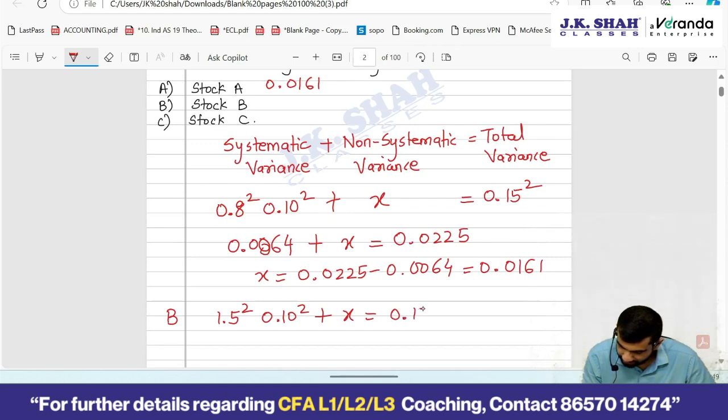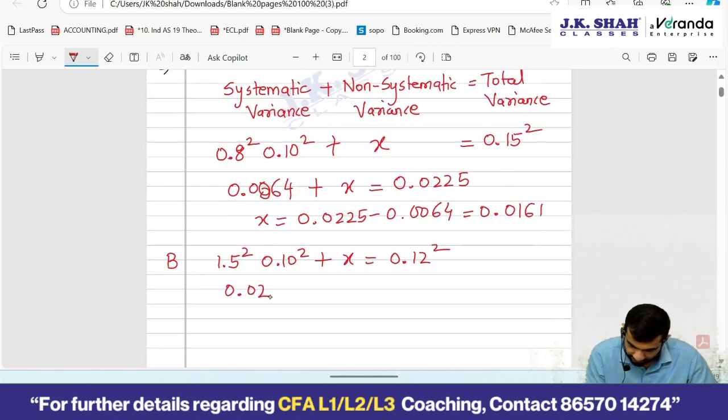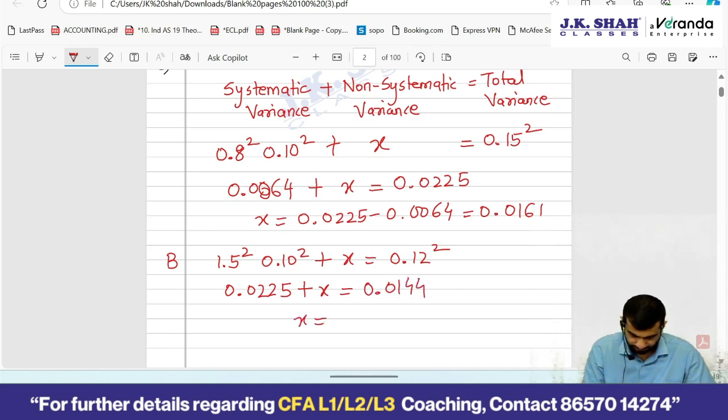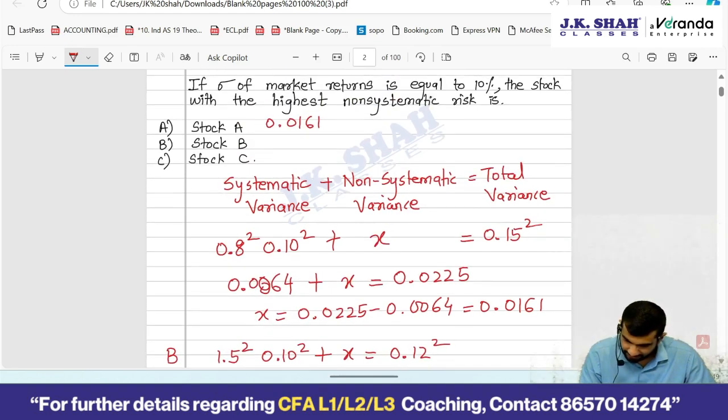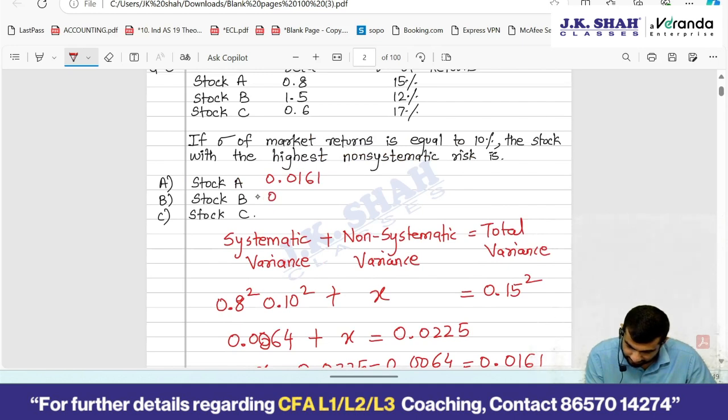So 0.12, 0.0225 plus X equal to, okay, minus 0.0081.